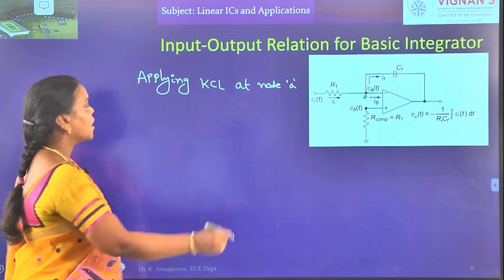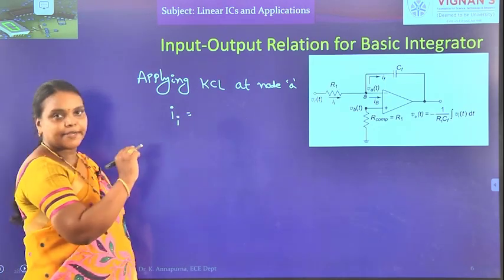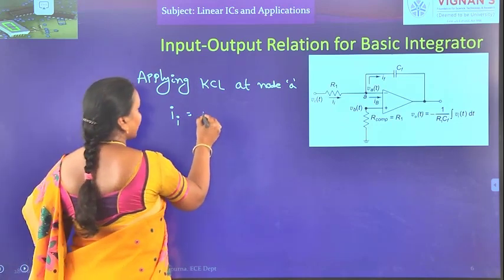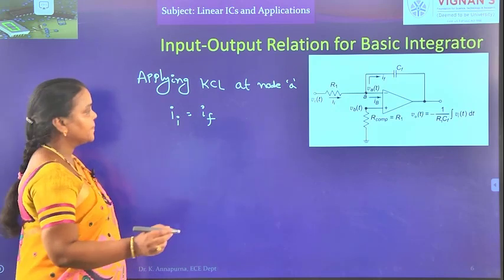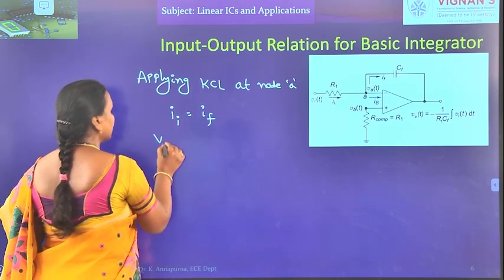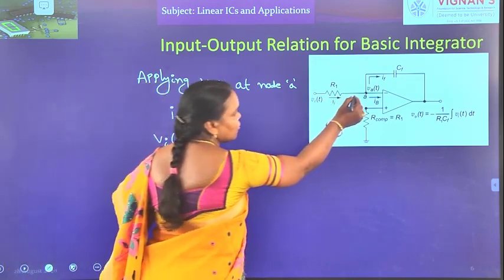Now, II is the entering current and IF is the leaving current. So, what is II? It is VI of t divided by R1. On the other side, what is this node voltage?